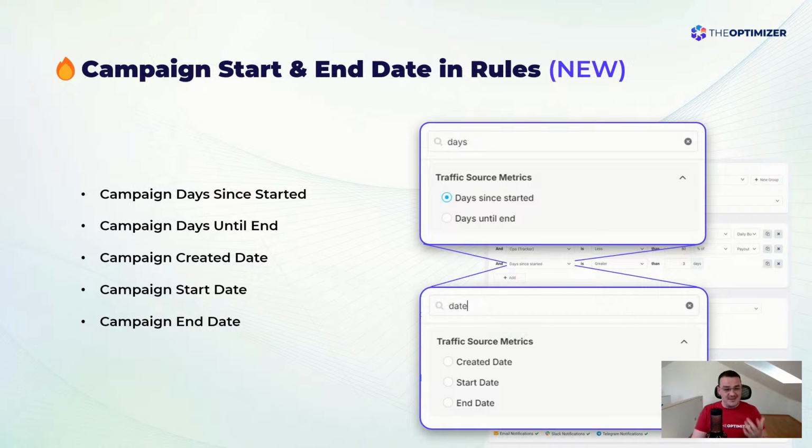Then we have the start and end date in rule conditions. Why is this important? Something that we've seen happening quite often is people have a really noticeable impatience when it comes to testing, meaning they launch a campaign today, they see totally delusional results, and they kill the campaign the same day or within the first 24 hours.